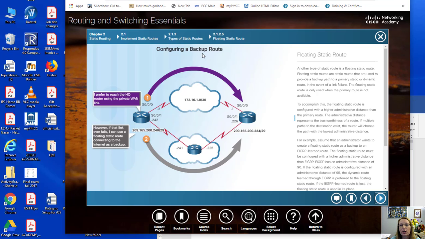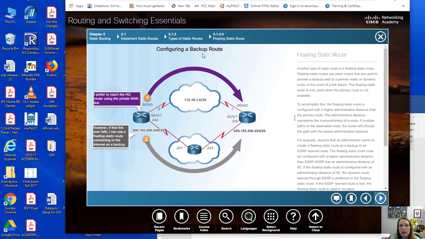So here's how you would configure a floating static route. It would be a backup route to your dynamic route. So if the dynamic route goes down, then it can use a static route. Well, since static routes are typically a lower administrative distance, the router would choose the static route over the dynamic route. So in order to keep that from happening and make this actually a backup route as opposed to being chosen first, you would configure a static route, but then you would add a new administrative distance.